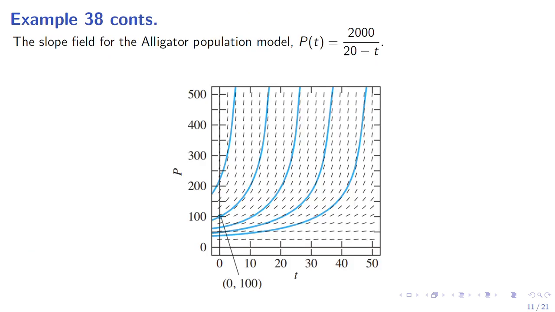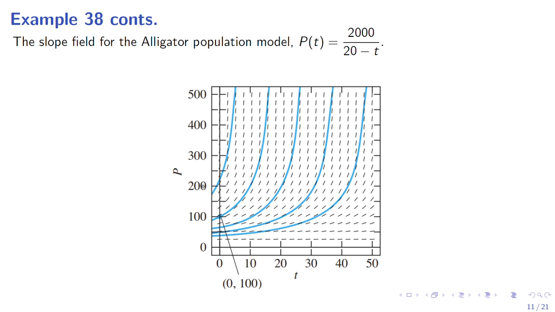Okay, now, I have dealt with the same problem. So this is what we got, and I have a picture of the slope field for this problem, and you can see that no matter where we start, we're going to grow exponentially.